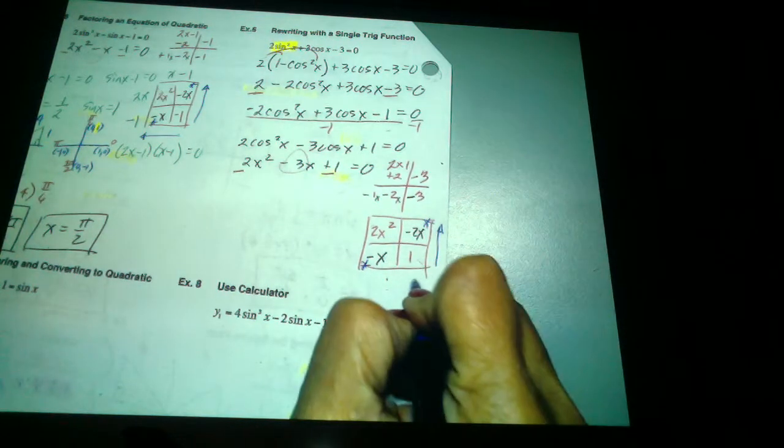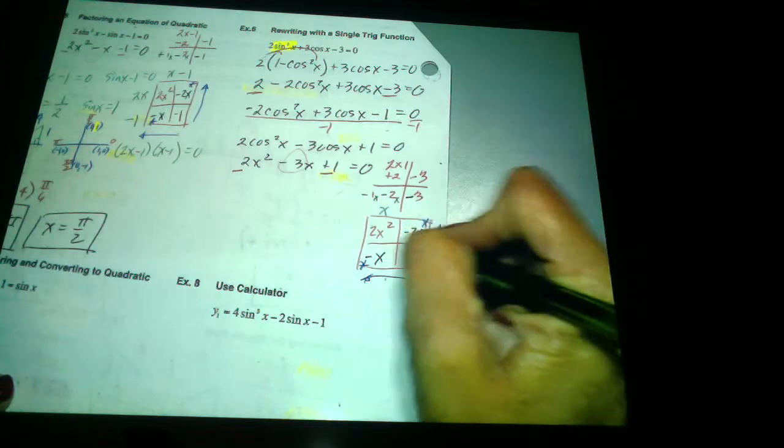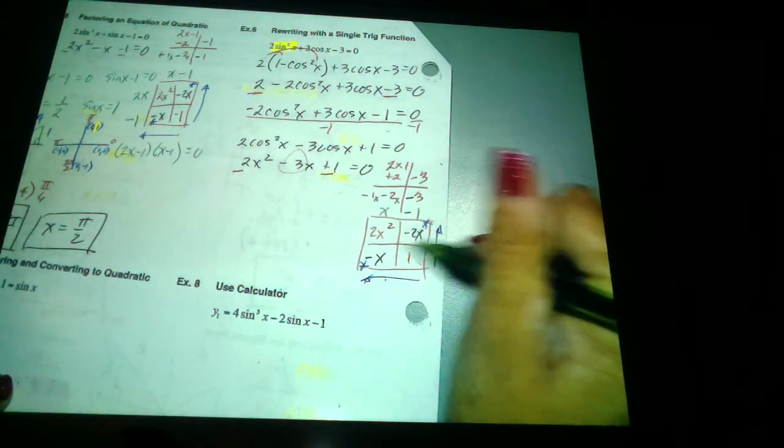And so we are going to find the GCF up and to the left. First column, what do they have in common? X. Second column, a 1, but because that box is negative, we're putting a negative 1. They don't have a negative 1 in common, but remember, it's the box that carries the sign.